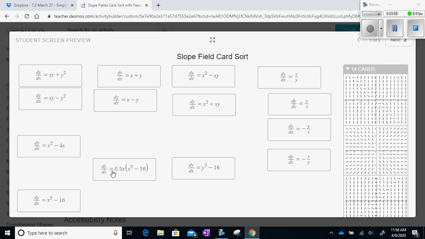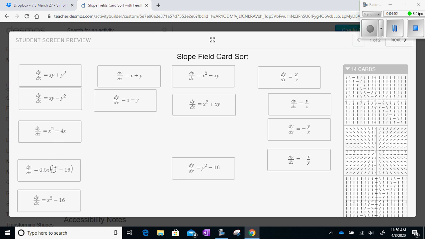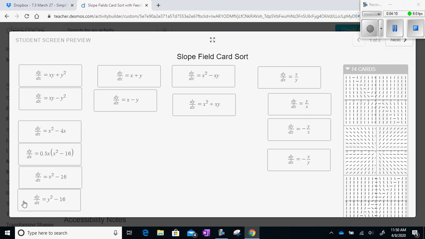This one only has x's on the right-hand side. This one only has x's on the right-hand side. And the last one only has y's on the right-hand side. So all four of these, they're not slope fields, they're differential equations that represent slope fields, are only with respect to one variable, whereas all of these others are with respect to x and y both.